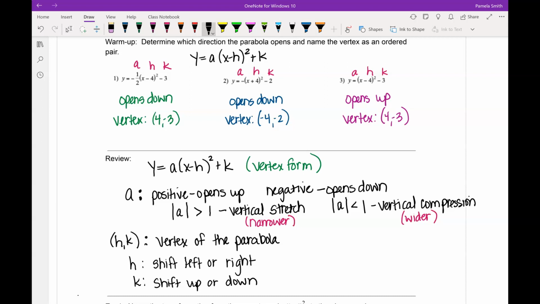So again, this is just a review of the things that we've talked about over the last couple of days on how these three letters impact the graph going from y equals x squared to y equals a times the quantity x minus h squared plus k. These are the transformations that happen based on those letters.